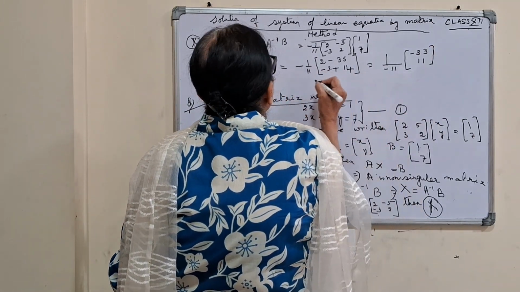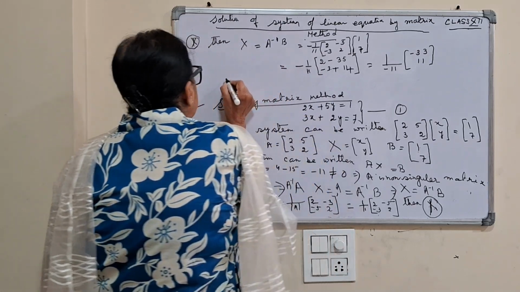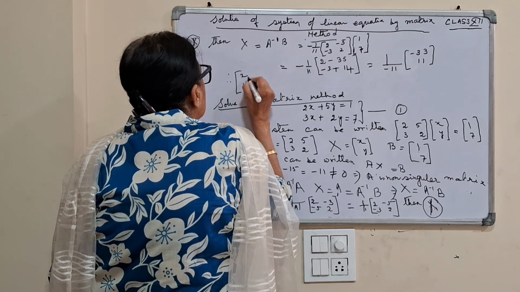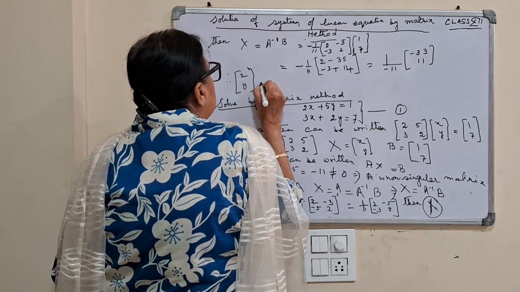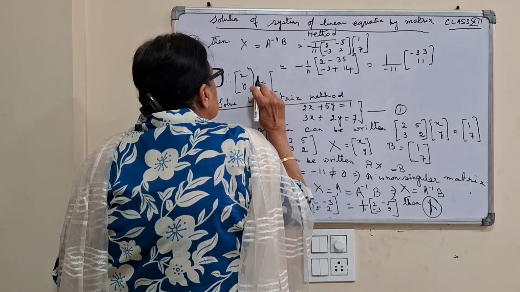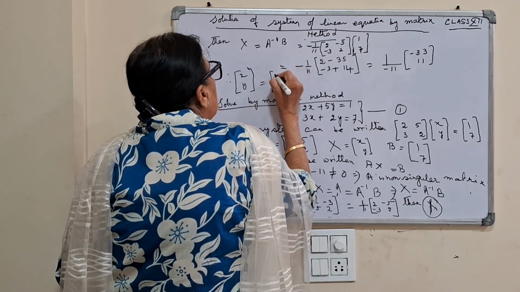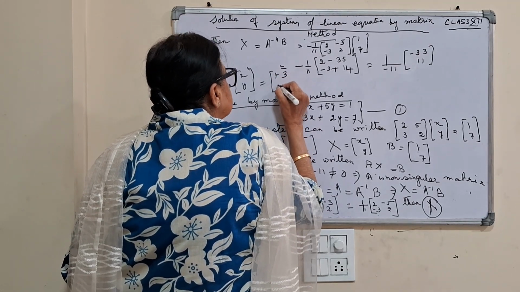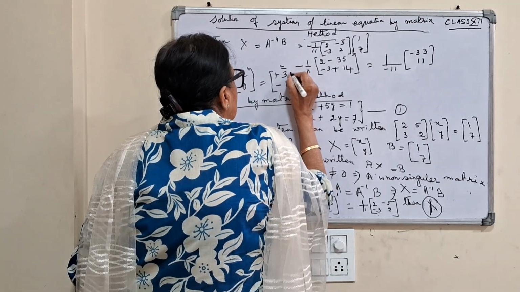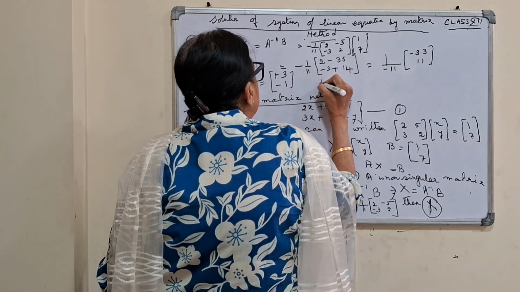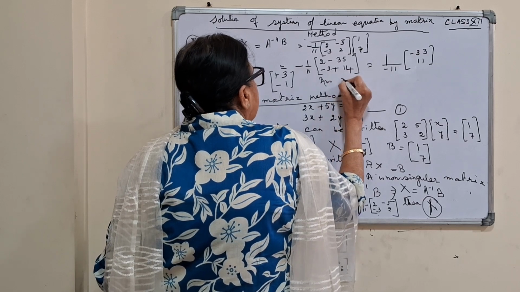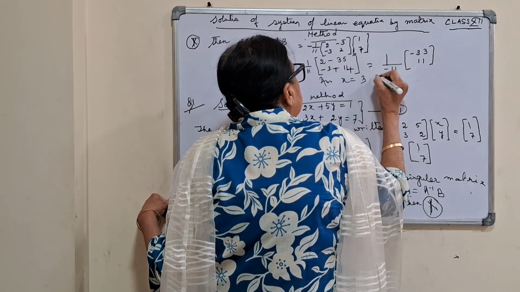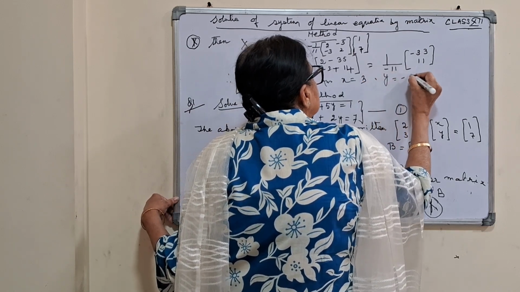Therefore, xy is equal to minus 3 plus 3, this is plus 3 and minus 1. Plus 3 and minus 1. Answer is x is equal to plus 3 and y is equal to minus 1.